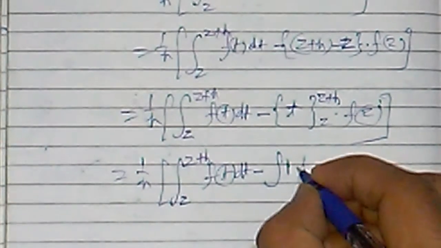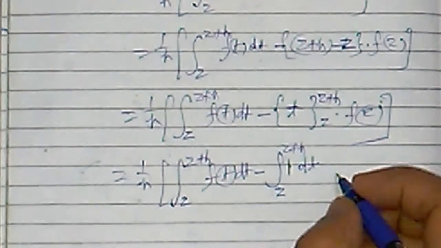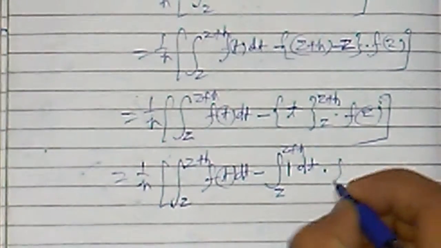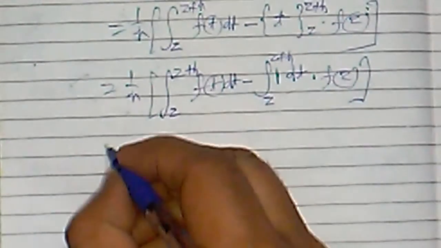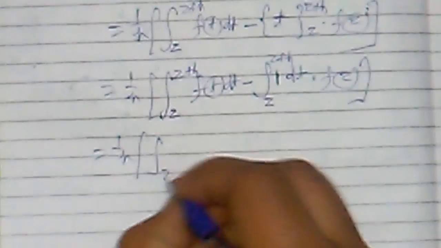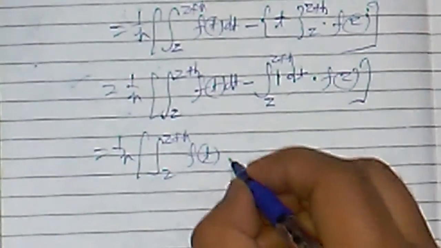We can also get this value after integrating dt with respect to t from t equal to z to z plus h, and f(z) is multiplied to this integral. Since f(z) is independent of t, we can say that f(z) is constant for t, so we can put this f(z) into this integral.